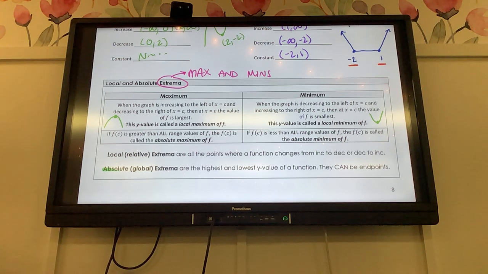Now, something that you do need to watch out for is yesterday, and most of this class so far, we've dealt with x values, right? Domain is x values, intervals are x values, all of those things are x values. Well, when you're talking about mins and maximums, the y value is going to give you your max or your min. And if you think about it, it kind of makes sense. Because if we're talking about the highest point of my graph, I'm talking about the biggest y value.